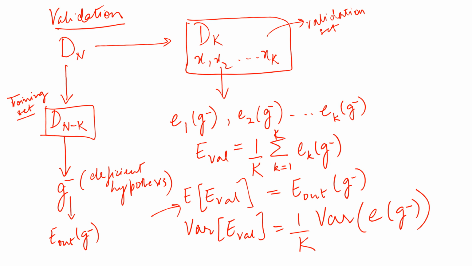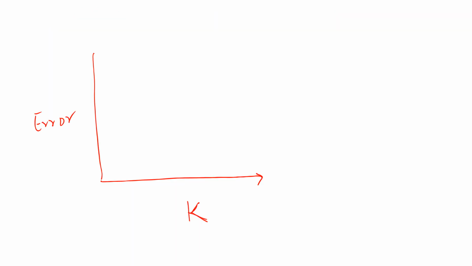Okay, so when I'm increasing the size of this k, what happens to my E val? Because my E val is nothing but the average of all the errors that are calculated on my g negative, or g minus, whatever you like to call it. And so when I'm increasing this k, I'm making this more and more deficient.